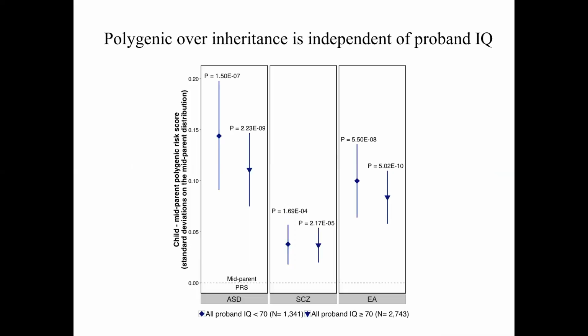This holds when excluding cases with a strong acting de novo variant, as I will discuss, and it raises questions about whether IQ in the ID range and autism means the same thing as IQ in the ID range without autism.